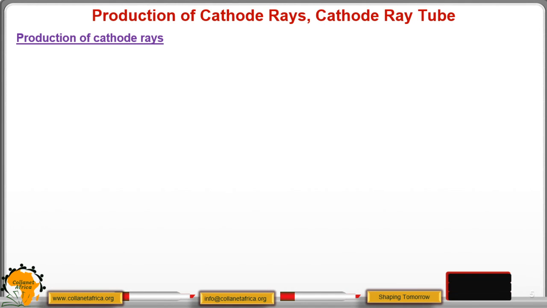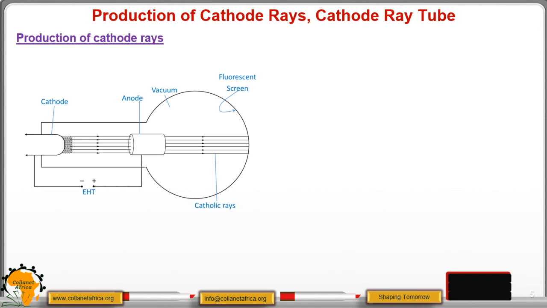Then from there, we move to the production of cathode rays. In here, we have what we call the cathode ray tube. As you can see, we have the cathode, we have the anode, we have the evacuated glass envelope, we have the screen, and then we have the external source of heat here.